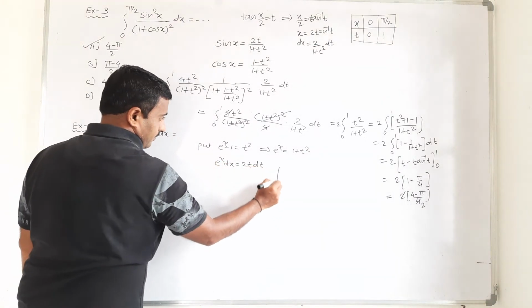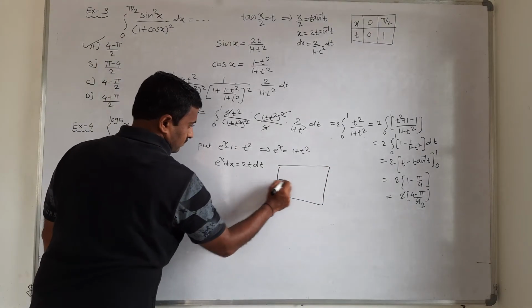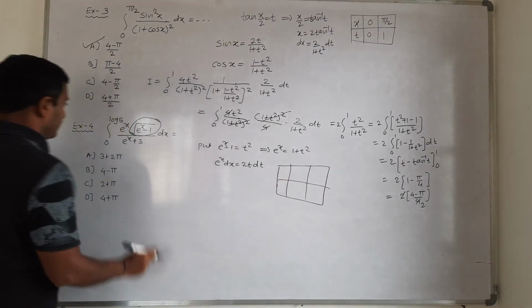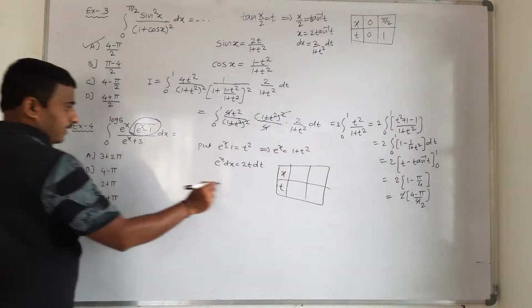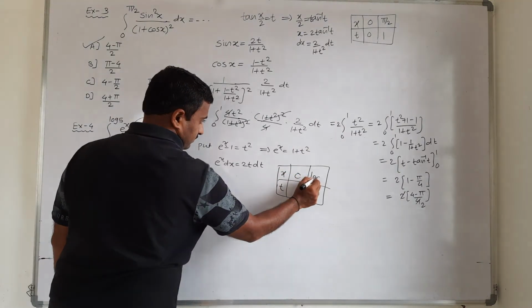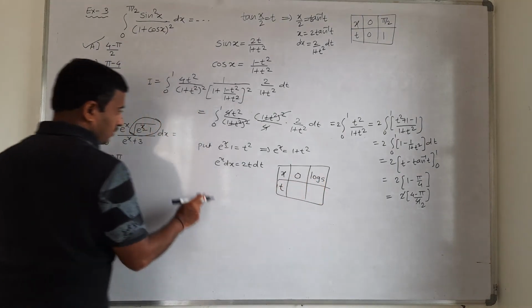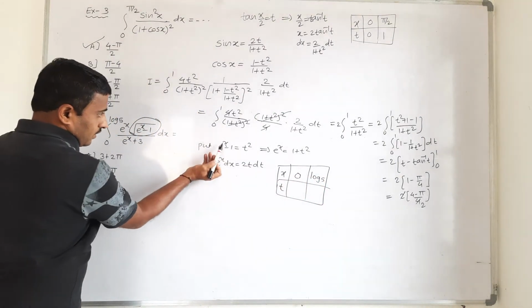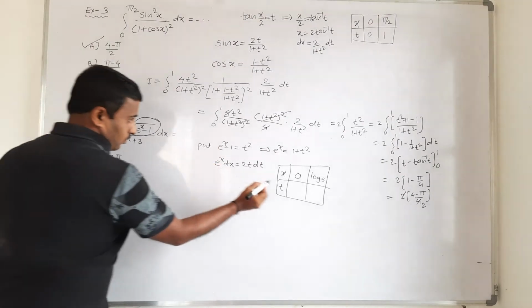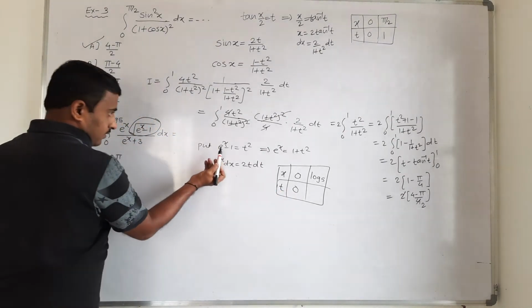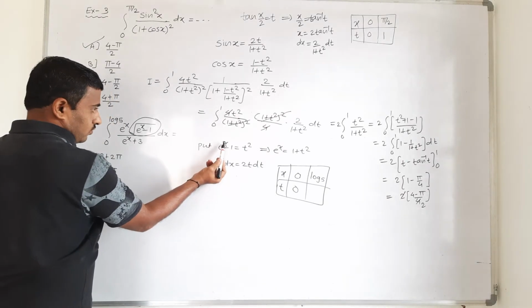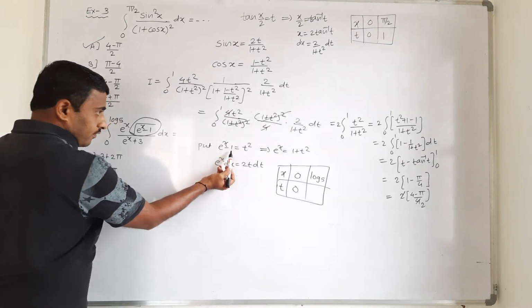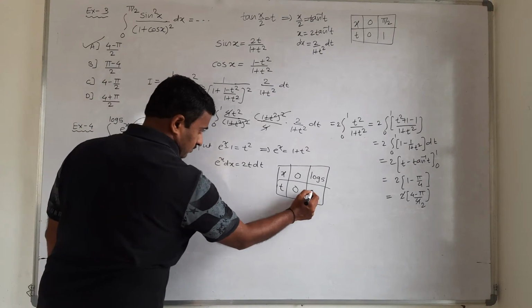Check the limits. Original x limits are 0 to log 5. For x equal to 0, e raised to 0 is 1, 1 minus 1 is 0, so t is 0. For x equal to log 5, e raised to log 5 is 5, 5 minus 1 is 4, t square is equal to 4, therefore t is equal to 2.